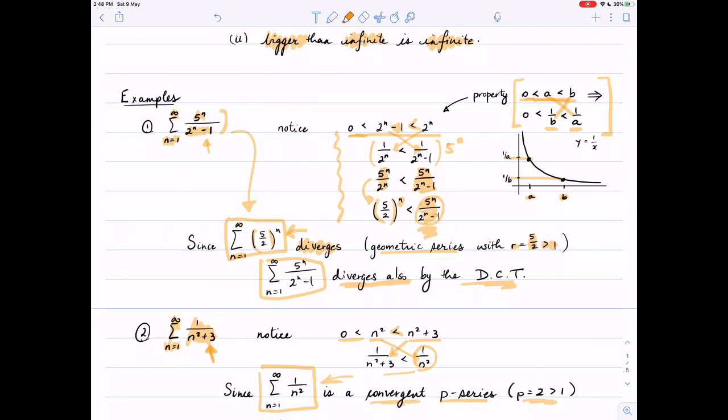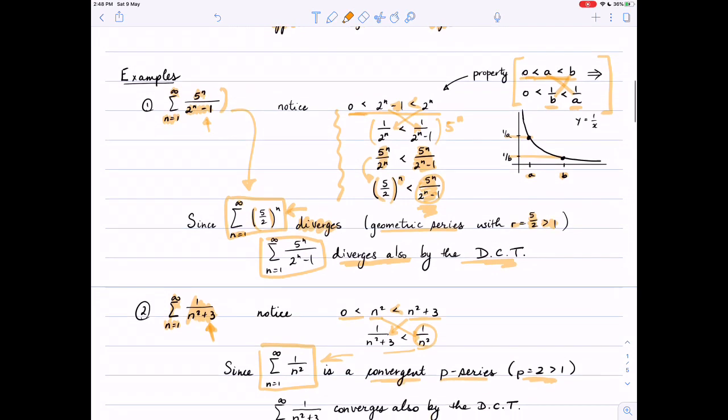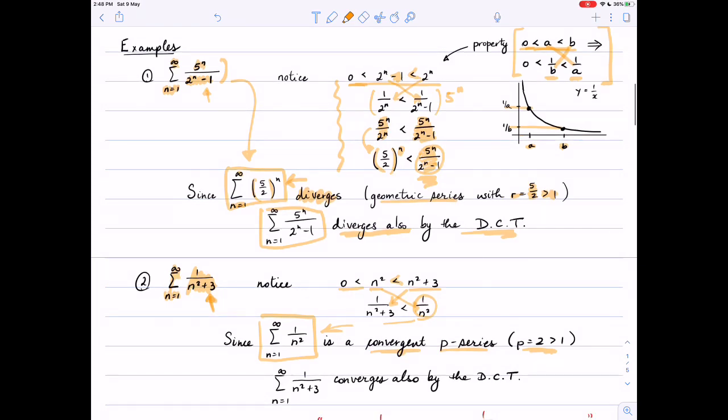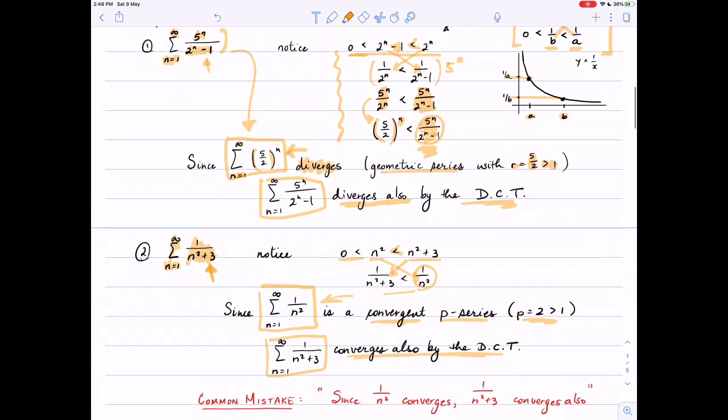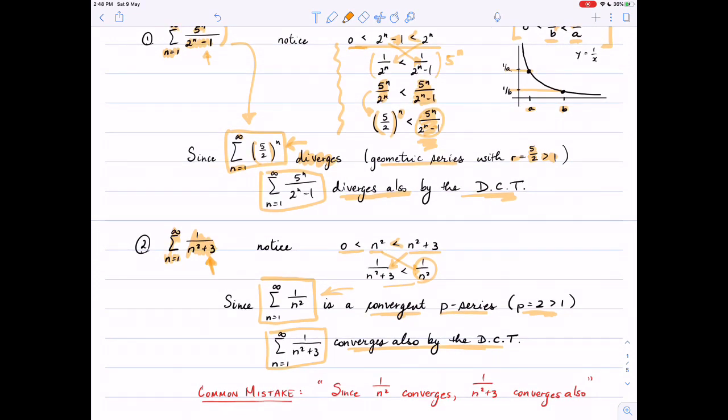P is 2, which is greater than 1, so it is convergent. And so term for term, this series is less than a series which converges, and therefore it also converges by the direct comparison test.